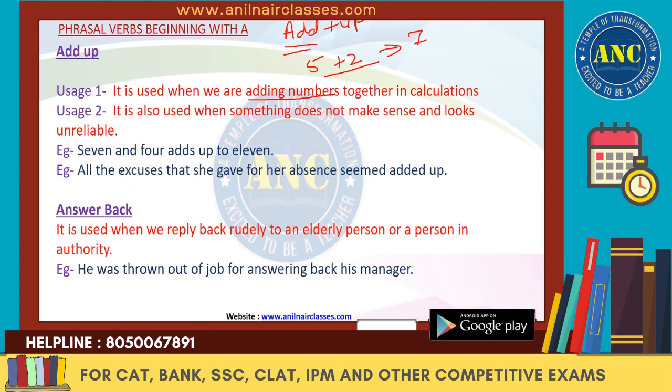See, for example, the first one, 7 and 4 adds up to 11. Fine. Now, all the excuses she gave for her absence didn't add up. Didn't add up means it is made up, there is no clue, there is no sense. Just you are adding up the stories and then giving unnecessary stories which are not reliable. You are not going to trust them, but still somebody is cooking stories, right?